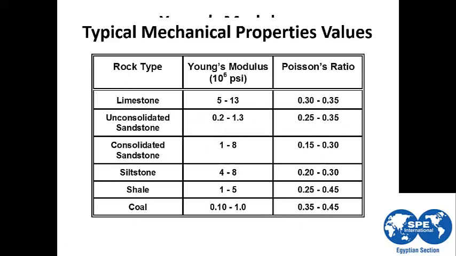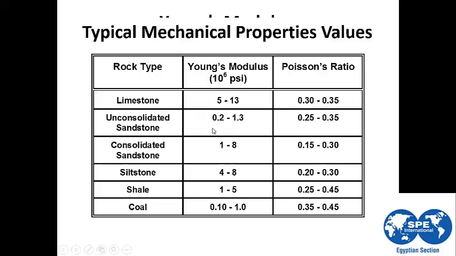This table shows some Young's modulus and Poisson ratio values for each type of rock. Limestone ranges from 5 to 13 times 10 to the 6 psi. The Poisson ratio is 0.3 to 0.35.